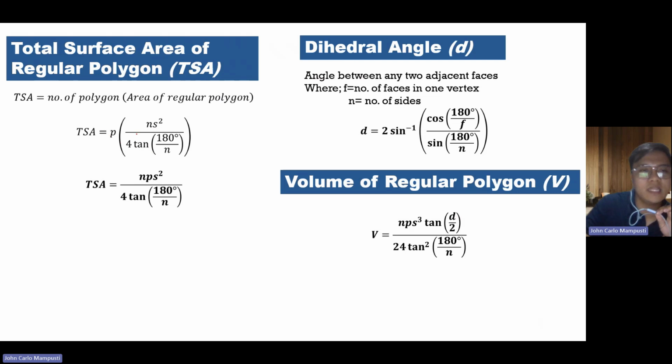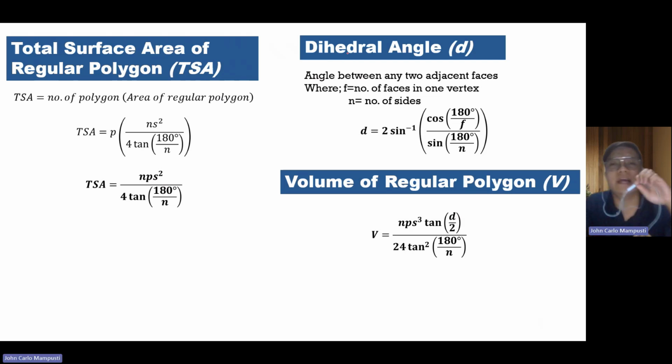Pero dito dadagdagan lang natin ng number of faces or number of polygons. So therefore, this is TSA or total surface area equal to n times s squared, which is the length of side nung ating polygon, over 4 tangent 180 over n.